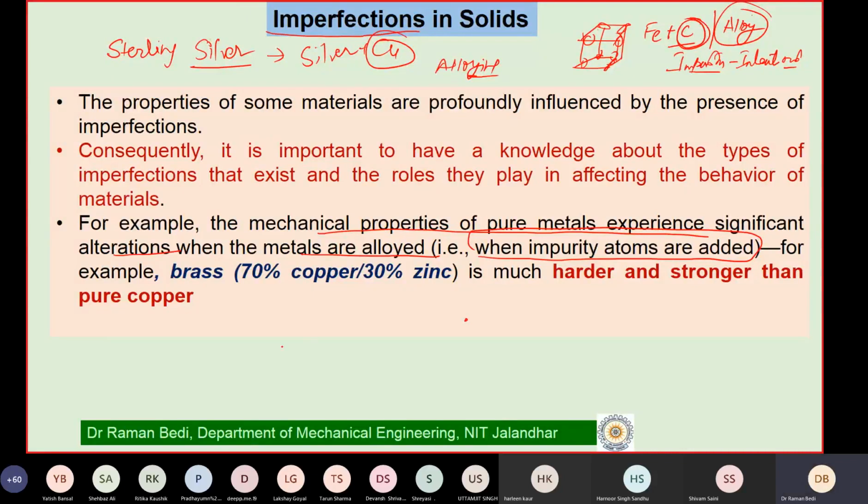Another example is brass, which is nothing but 70% copper plus 30% zinc. Pure copper again has some problems. It is not hard, it is not strong, although it is a very good conductor of electricity, but the wires that you make must be able to sustain the load also. That is why you alloy copper with something else. Brass is an alloy of copper and zinc, and it has better properties.